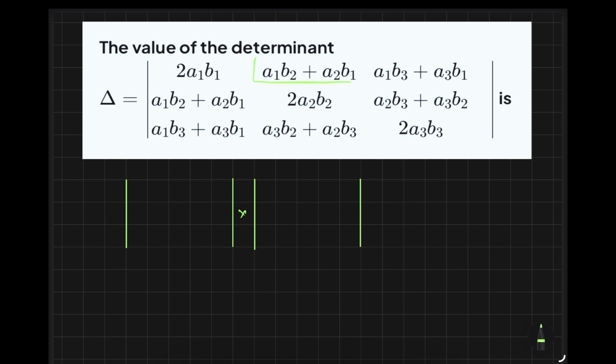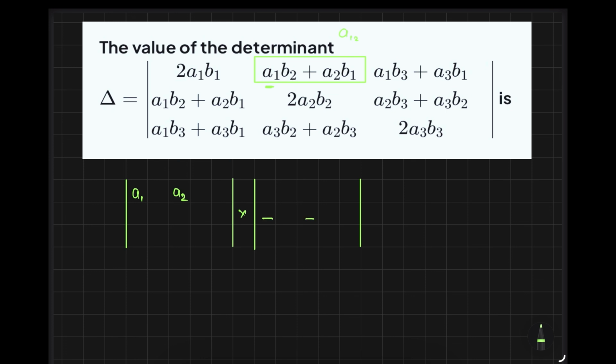So I will take help of this. First row, second column. So first and second. So can I say that I will go with a1 this way and a2 this way. So this thing will become what? First with second.